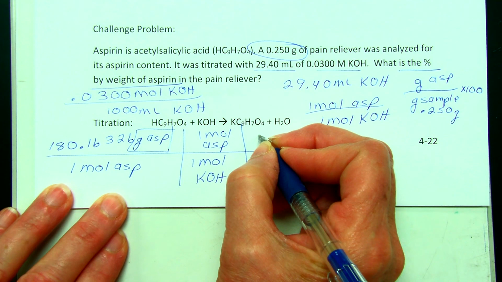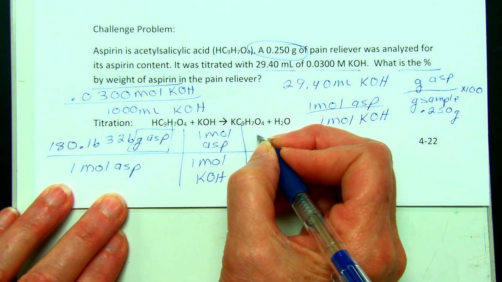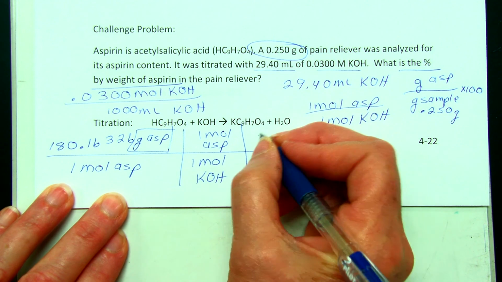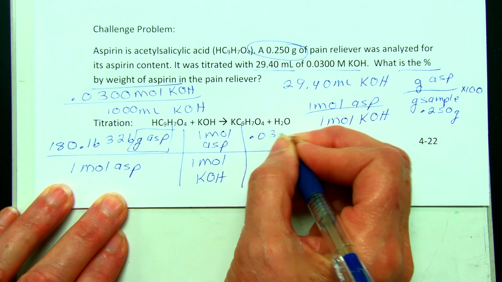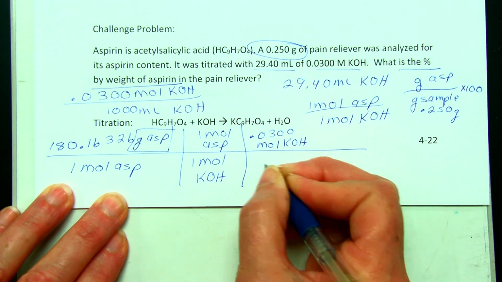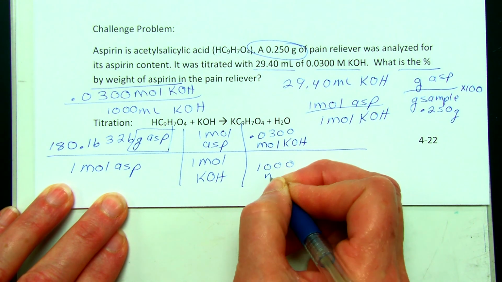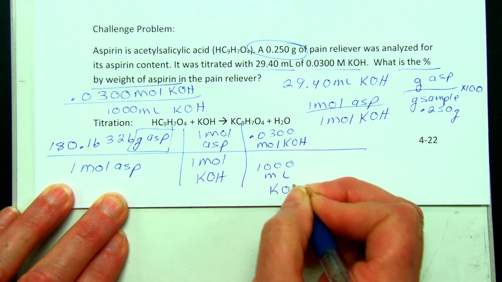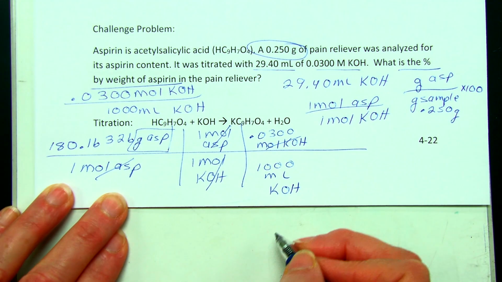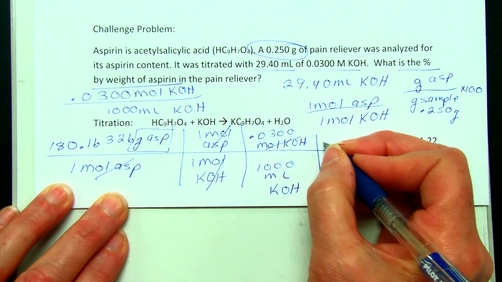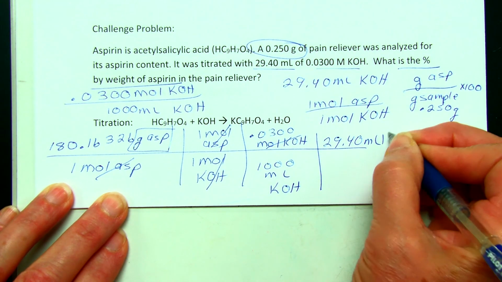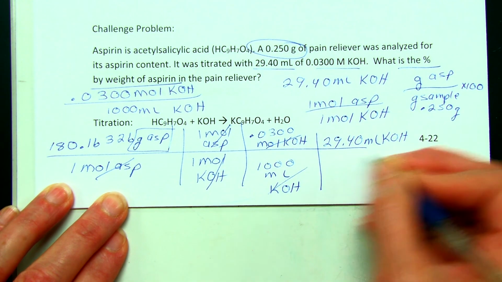Now I look at my potassium hydroxide. I know the molarity, so 0.03 moles of potassium hydroxide is 1,000 mL of potassium hydroxide. So these moles of KOH cancel. Now I have 29.40 milliliters of potassium hydroxide, so that cancels.